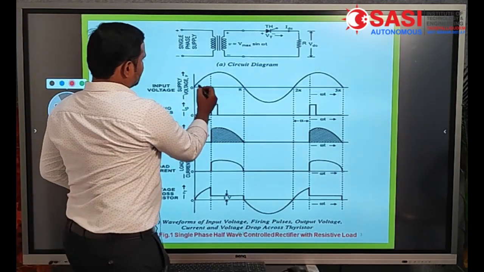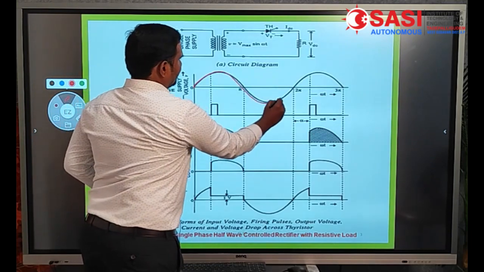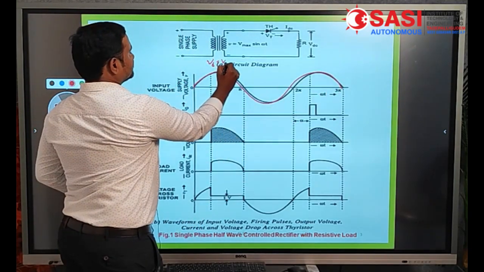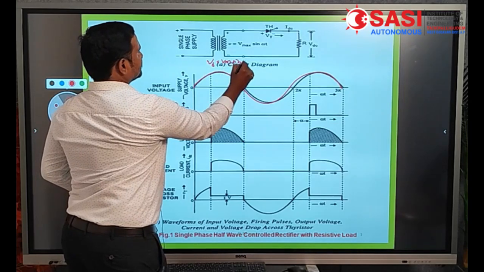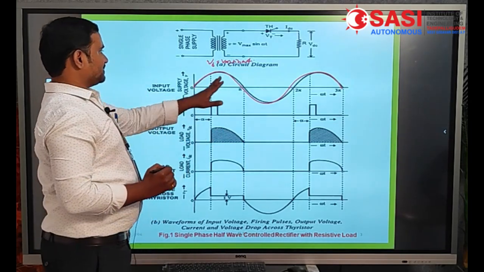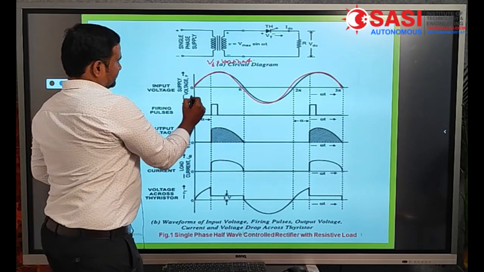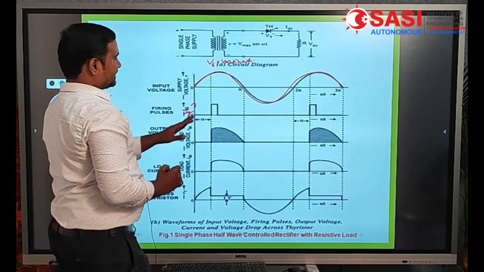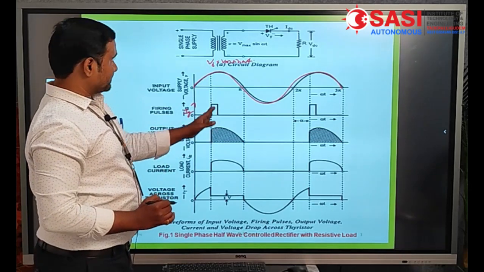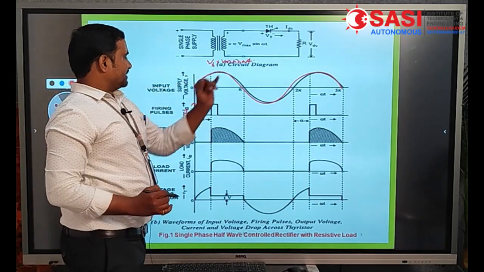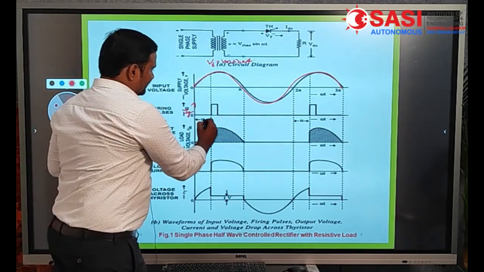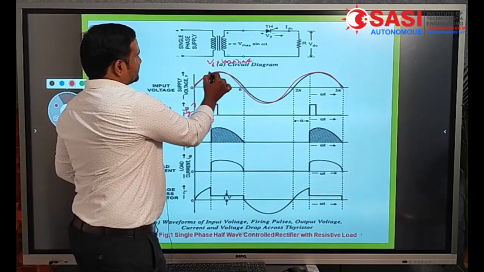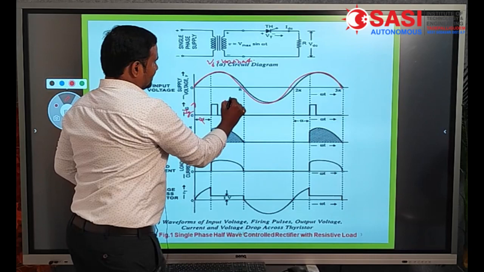This is the input sinusoidal waveform from the supply, that is Vs equals Vm sin omega t. Then the gate current Ig, that is the triggering pulse, is given in the first half cycle. That means the triggering pulse is given to the thyristor at an angle of alpha, and then the thyristor starts conducting at the value of alpha.